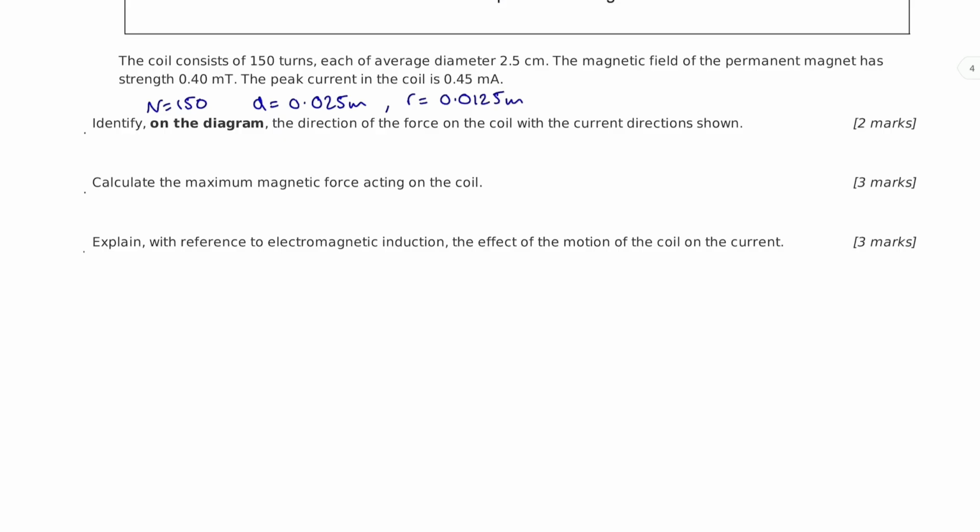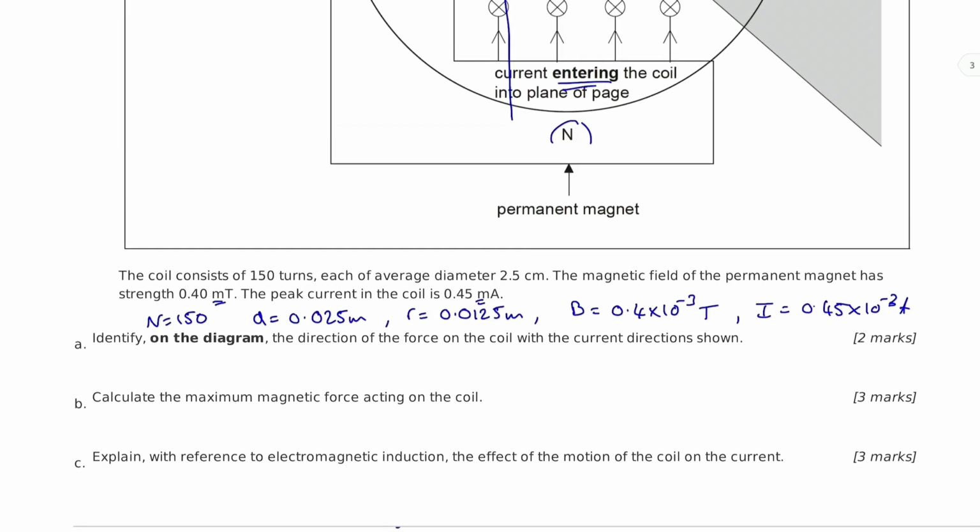The magnetic field of the permanent magnet has a strength of B equals 0.4 times 10 to the minus 3 Tesla because it's milli. And the peak current in the coil, I, is equal to 0.45 times 10 to the minus 3 amps, again, because that's milli. So we've got our data there. That'll help us with a calculation later on.